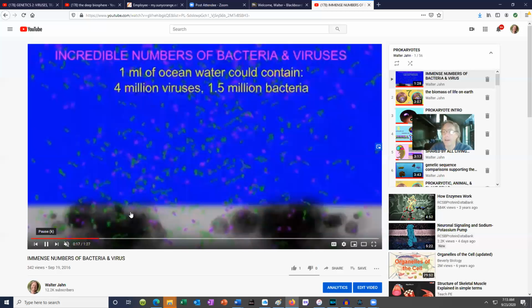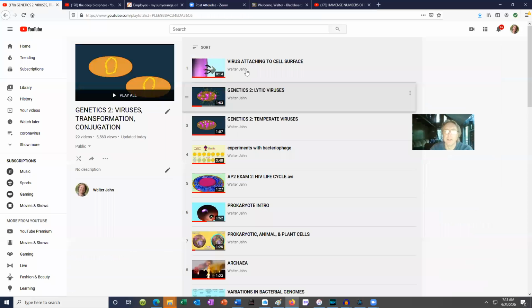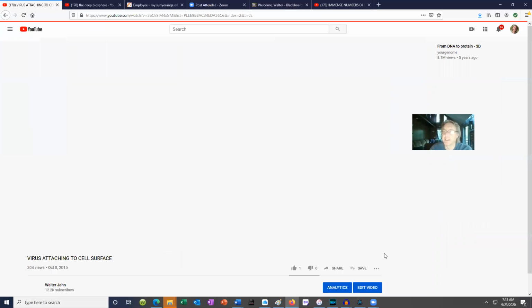And so therefore, viruses are important in ecosystems. They're important for human health, and they can also be a source of understanding for just how genes work in general. So many geneticists study them.